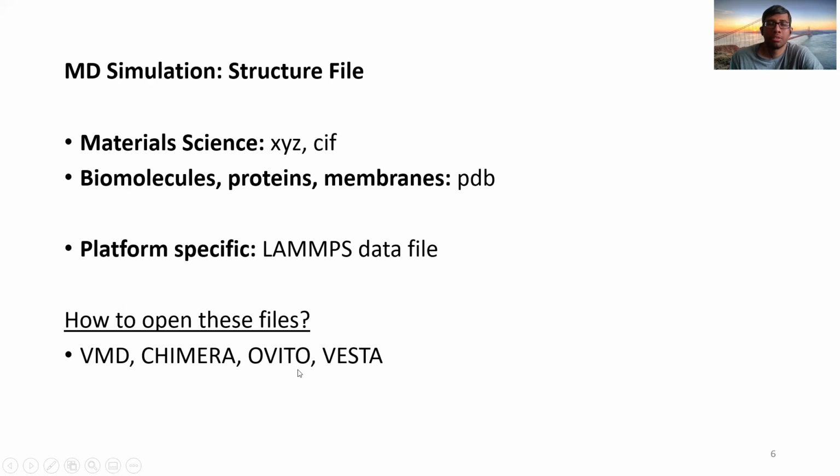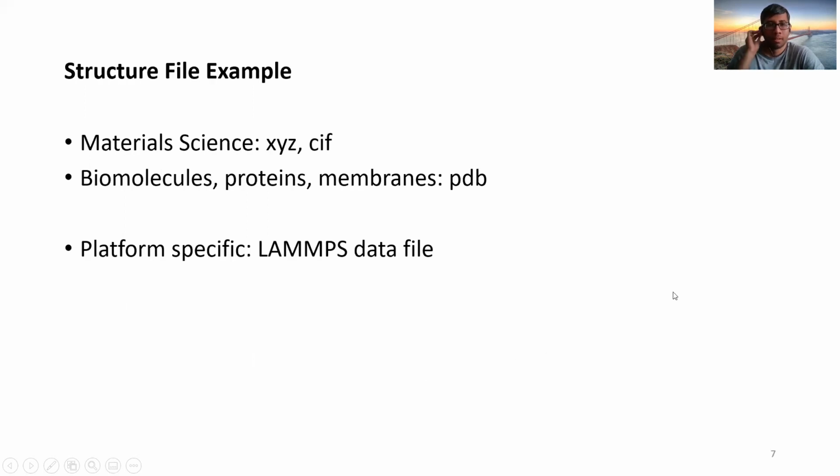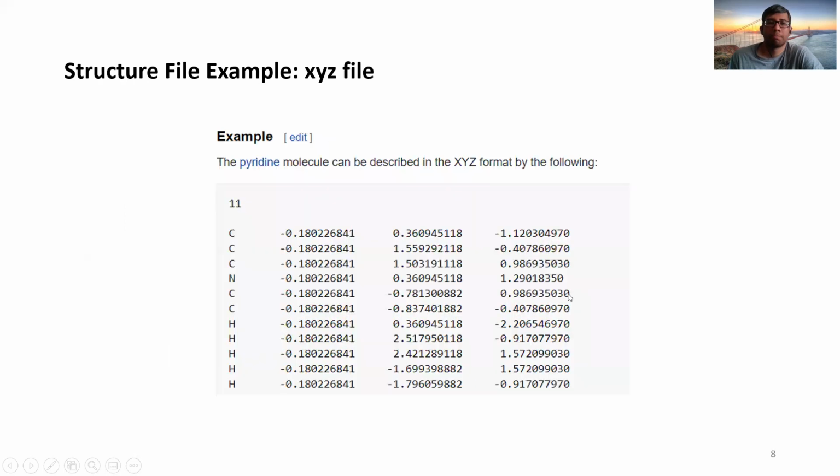For material science, generally use OVITO or Vista. So long story short, in material science, generally you start with a structure file with XYZ or CIF. And if it's a biomolecule, you start with PDB. If it's platform specific, you have to convert it to a LAMMPS data file.